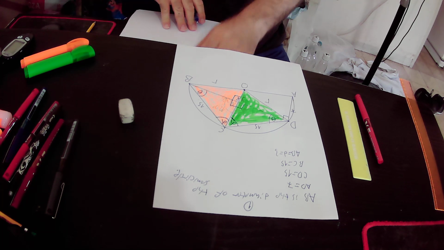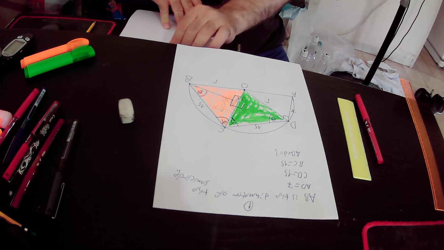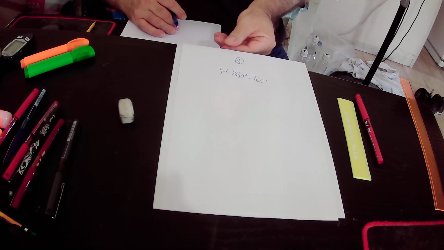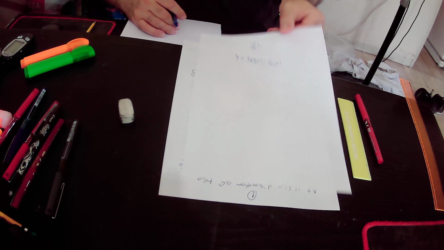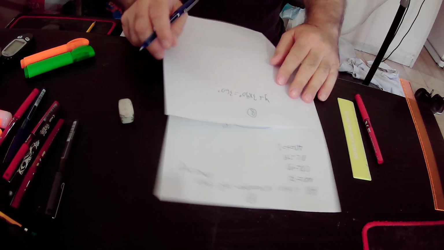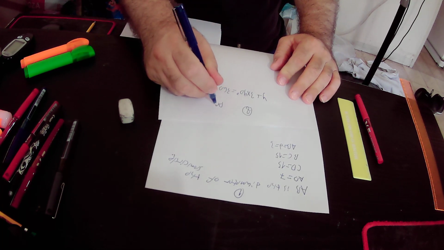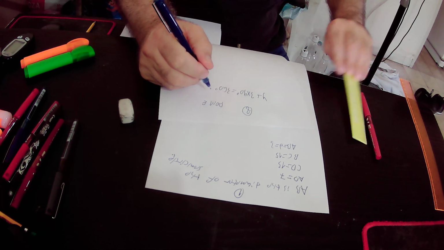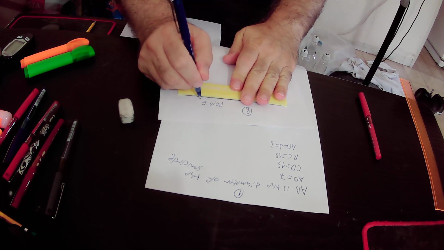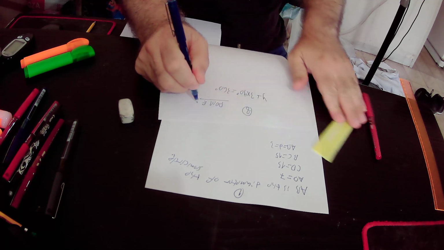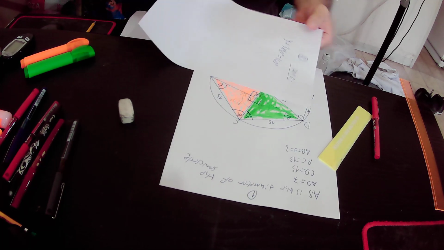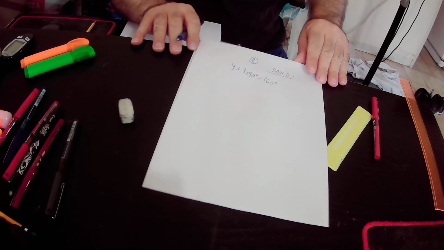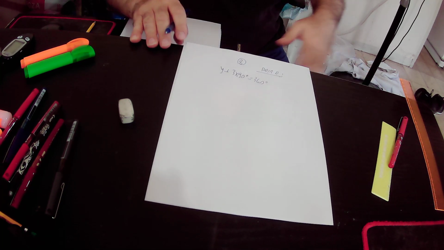According to rule number 3, the sum of the angles around point E must be equal to 360 degrees.